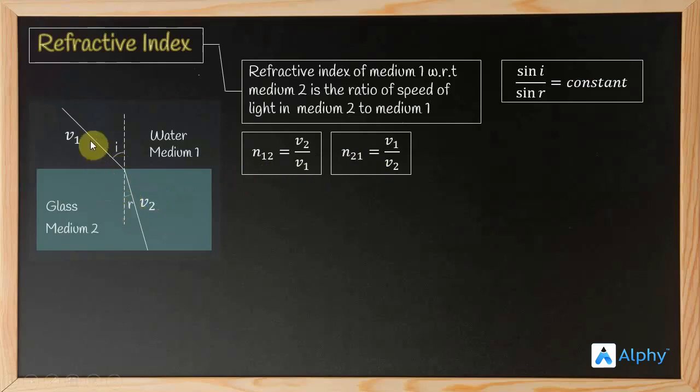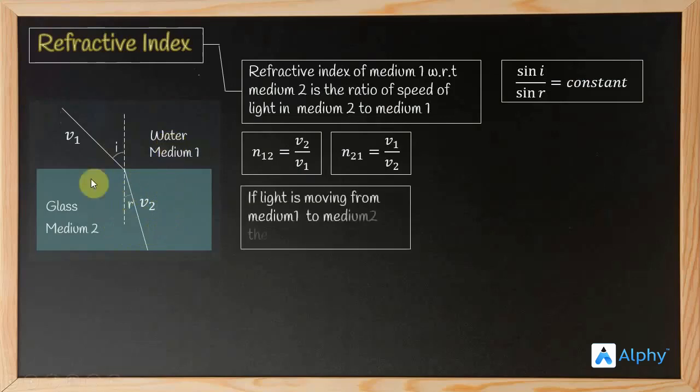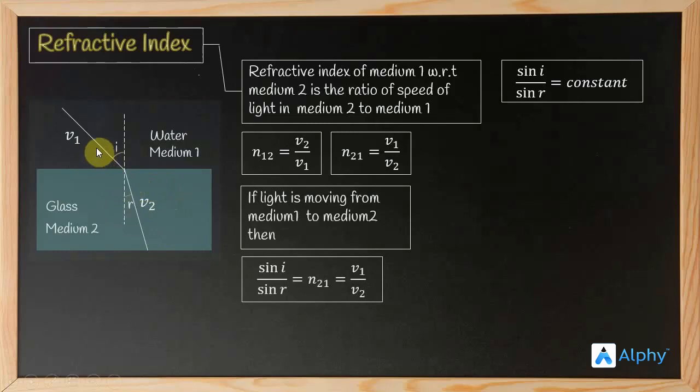So here light is going to enter into medium 2, right? So it would be the refractive index of medium 2 that is going to matter with respect to medium 1. So that means if light is moving from medium 1 to medium 2, then sin i by sin r is refractive index of medium 2 with respect to medium 1. So we have to consider that medium into which light is entering.